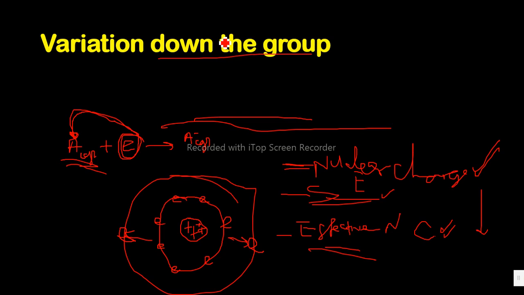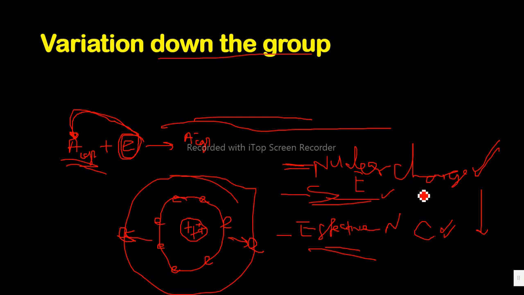In this case, for electron affinity, the effective nuclear attraction for the incoming electron decreases if the effective nuclear charge decreases. So less energy is going to be evolved when finally that electron is added onto the atom.